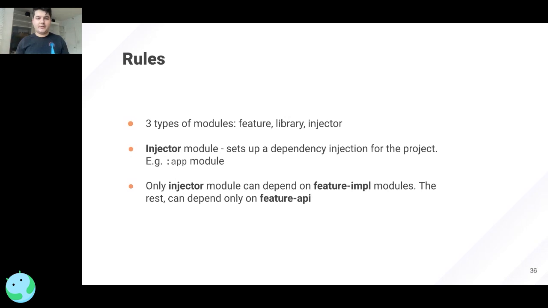And as the third rule, it can depend on implementation modules. Only the injector module is allowed to depend on feature implementations. All the rest of the application can depend only on feature APIs, which ensures that changes in those implementation modules will not trigger a rebuild of half of the application.